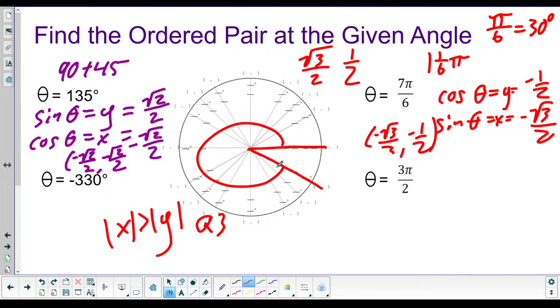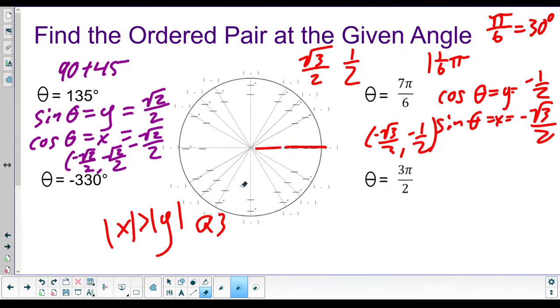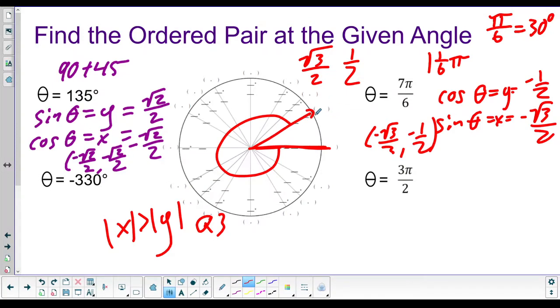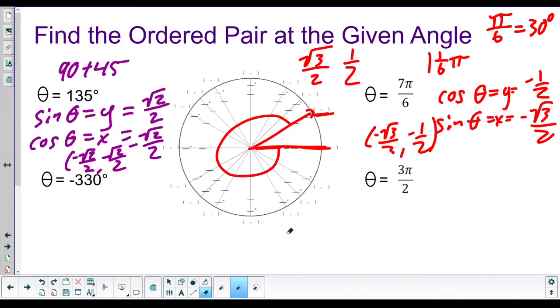So instead of going counterclockwise, we need to do this by going clockwise. So start here, go clockwise, full spin would be 360. Back it up 30 because we're not quite there. So we are looking at this ordered pair right here at negative 330 degrees.